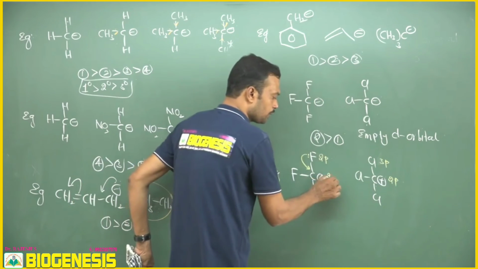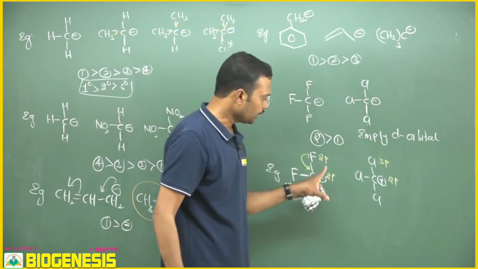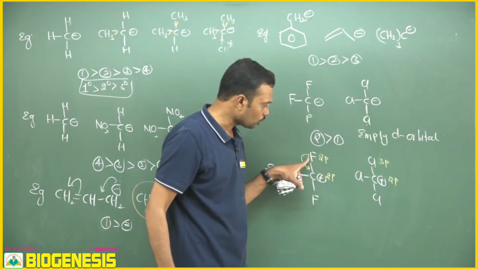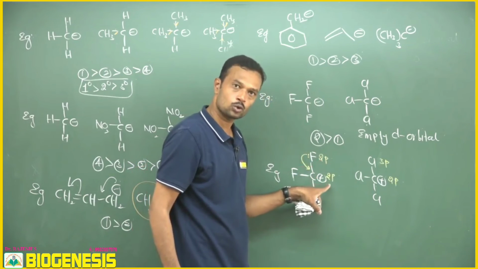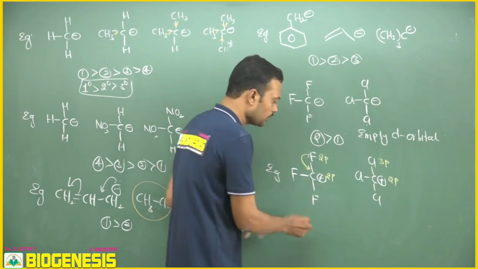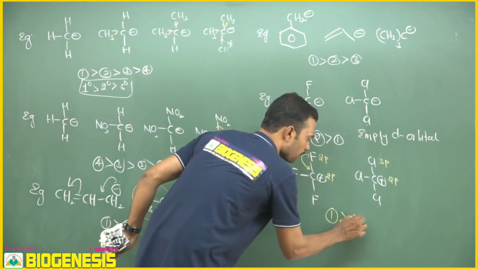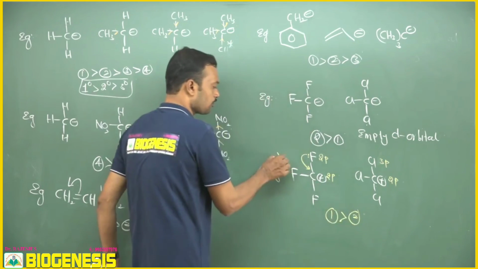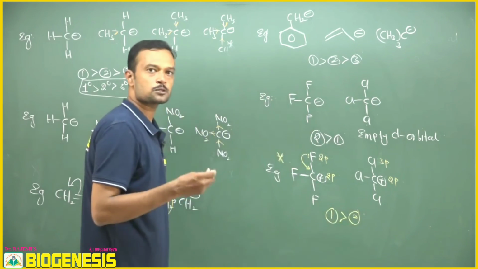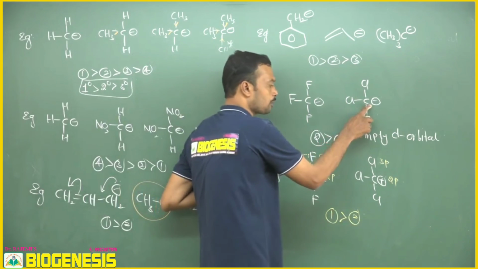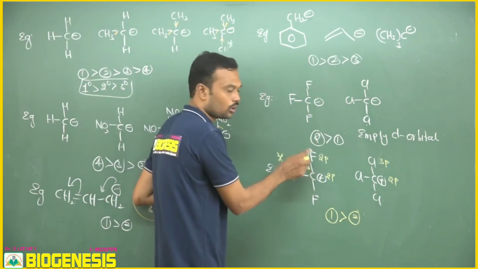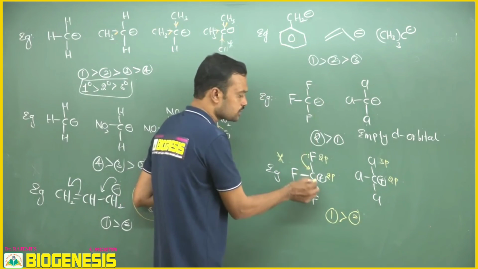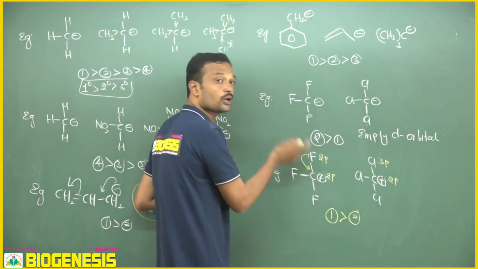Here the empty orbital is present on 2p, and the lone pair is present on 2p. There is a mutual overlap, and first one is more stable as compared to second one. Very important: if any empty orbital is present, that will increase the stability of a carbanion. If any carbon has an adjacent lone pair of electrons on any heteroatom or halogen, that will stabilize the carbocation if they have equal size.